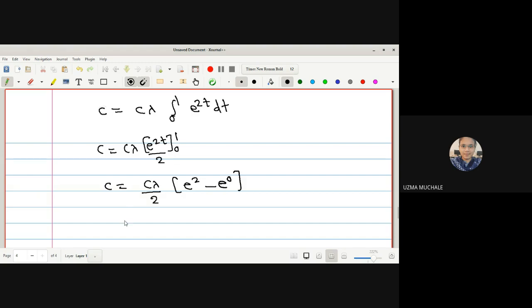The value of t we have substituted. It is e square minus e raised to 0, which is 1, right?